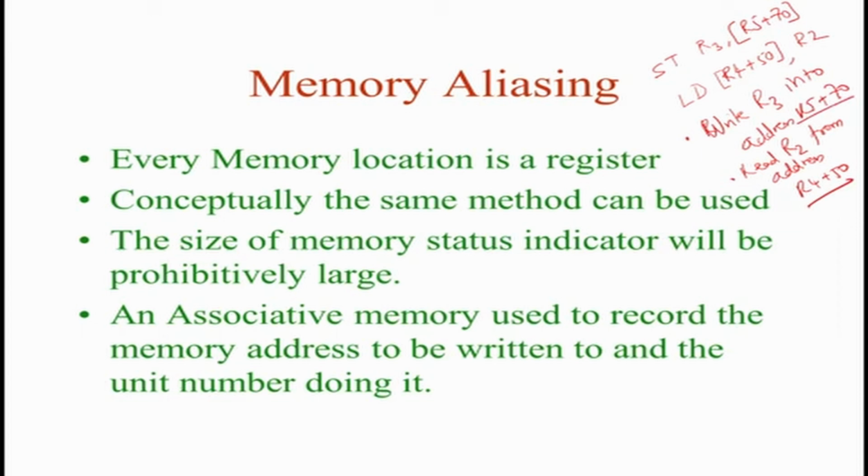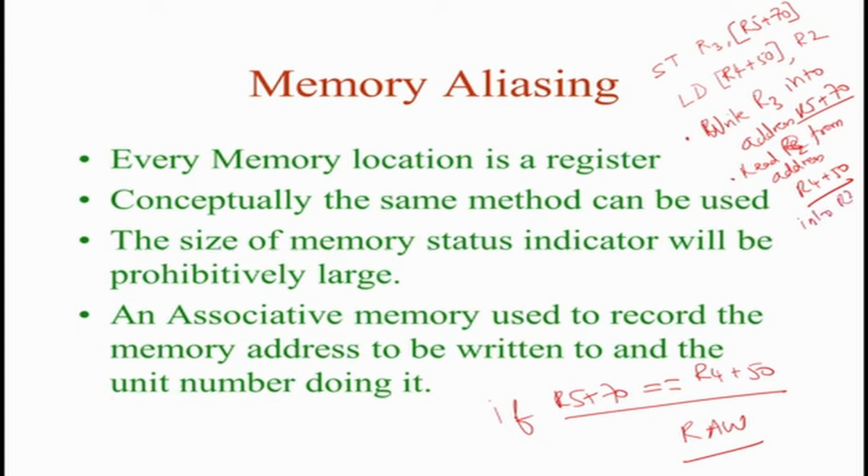Now if R5 plus 70 is equal to R4 plus 50, then we have a RAW hazard, because this is reading from address R4 plus 50 into R2, while this is writing into address R5 plus 70.